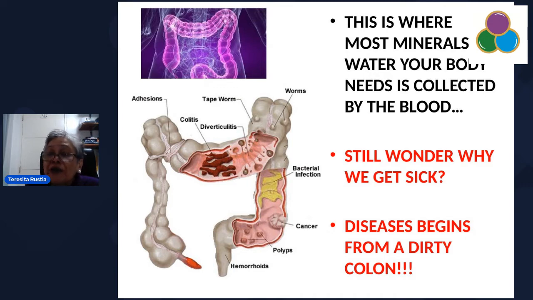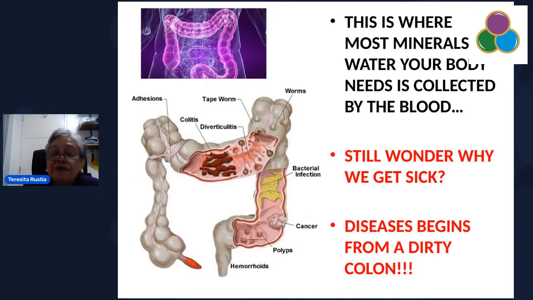Remember, the quality of water your blood distributes to our body, to our cells, to our organs, depends on your colon. Therefore, avoid having a dirty colon.